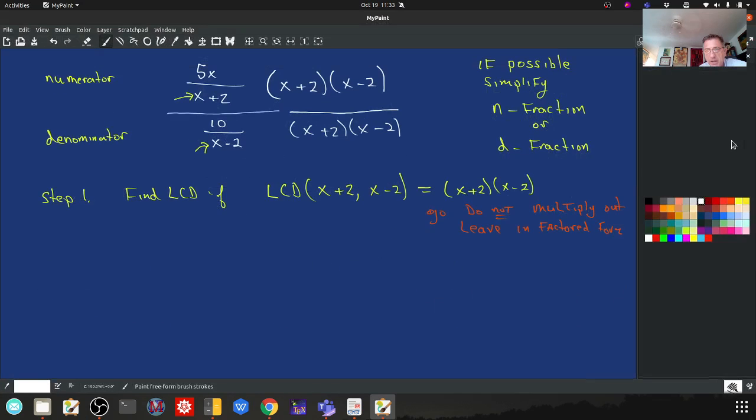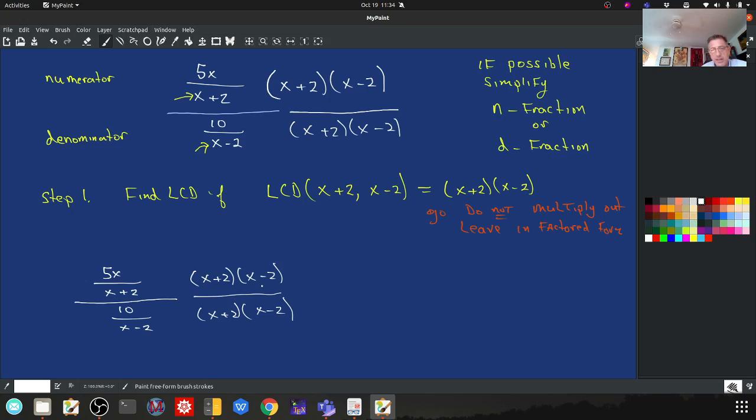And I've already run out of room, so I'll come down here and start all over. So 5x over x plus 2, big division line, 10 over x minus 2. And I'm multiplying this by x plus 2, x minus 2 over x plus 2 and x minus 2.